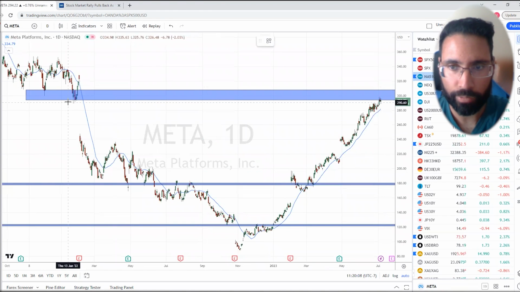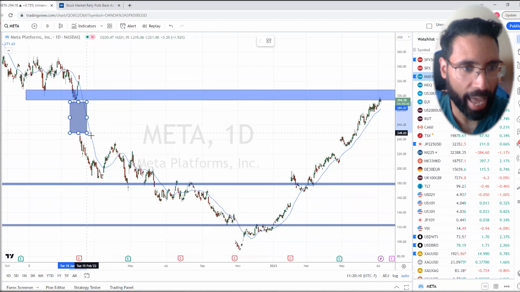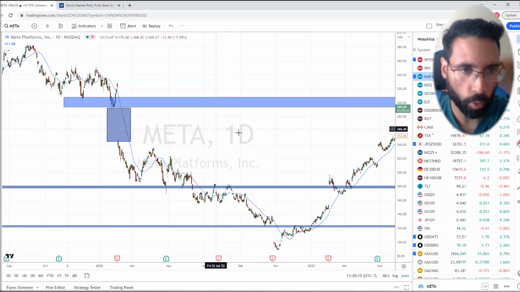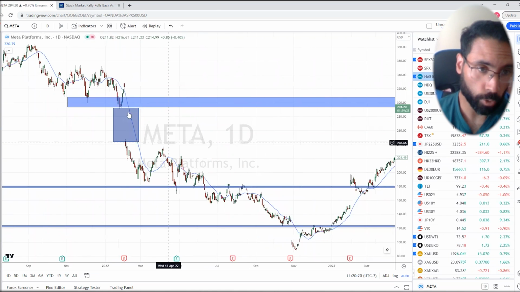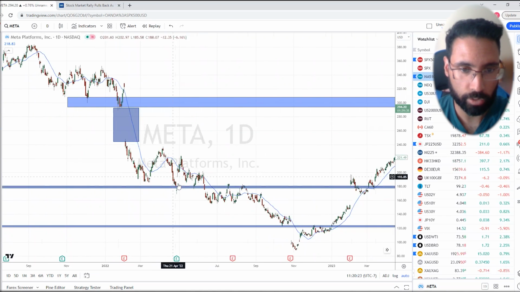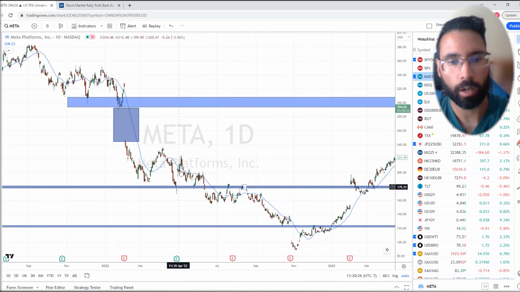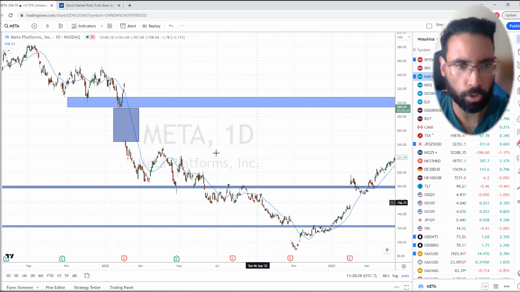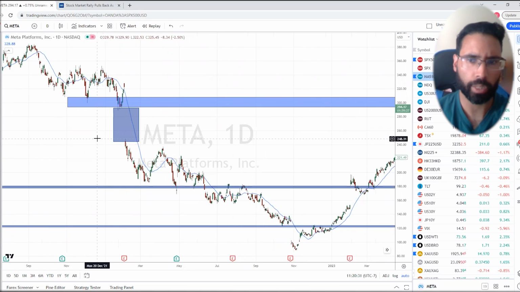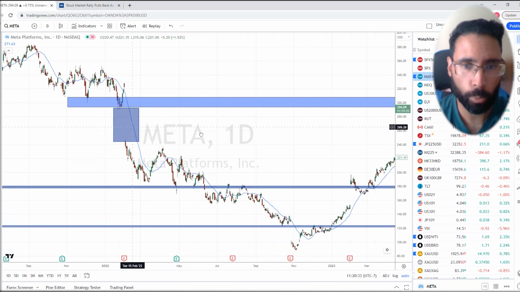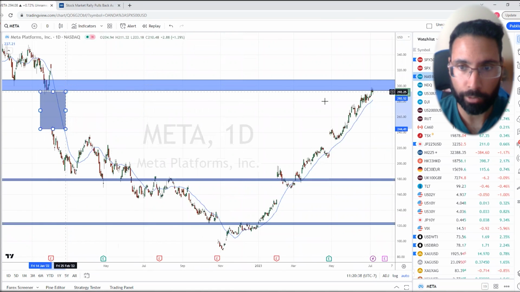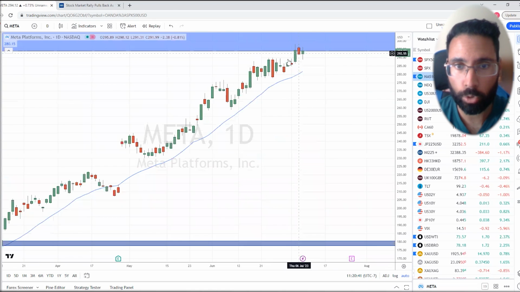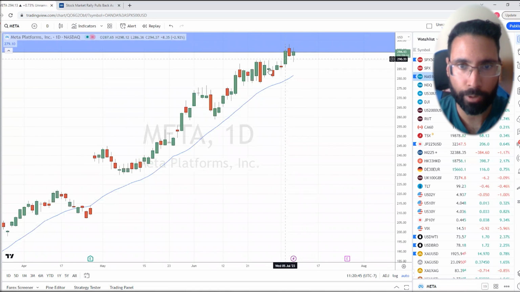If we get a close above that 300 zone, this whole gap, which the stock gapped down on earnings way back in January 2022, the beginning of Meta having bad earnings and this move downwards, and you all remember that with Netflix as well, same sort of play, that gap is now being retested once again. Some people might claim that we've already filled the gap. I would say no, because look at how weak this candle is on July 5th.